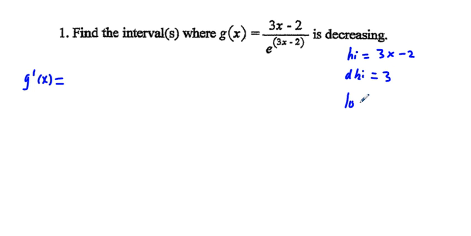The low is e to the power of 3x minus 2, and d low, the derivative of the low, using the chain rule, we take the derivative of 3x minus 2, which is 3, times e to the 3x minus 2. The function e to the x is very unique in that the derivative of e to the x is e to the x, and so that makes it easy.